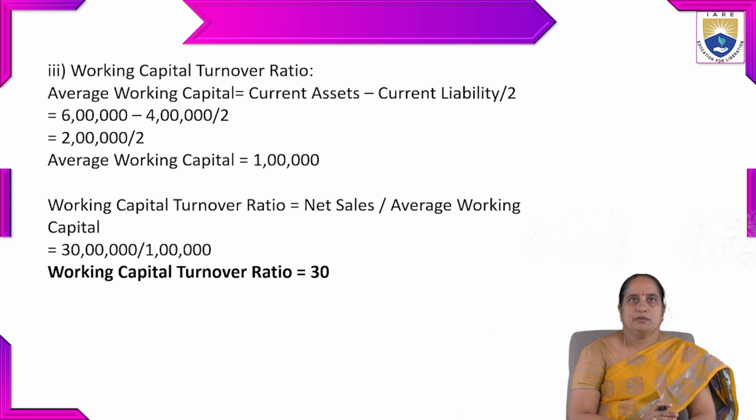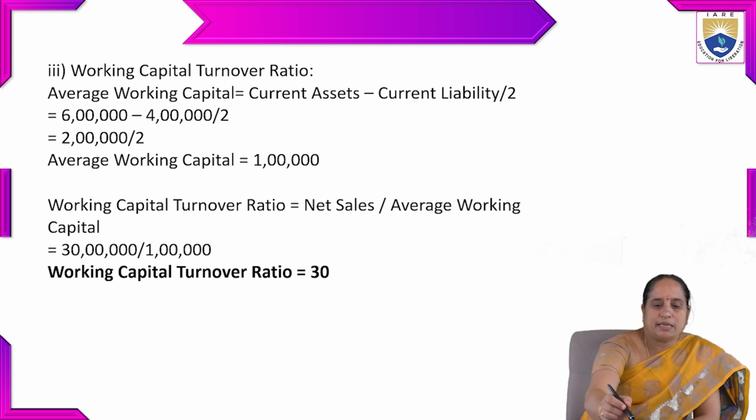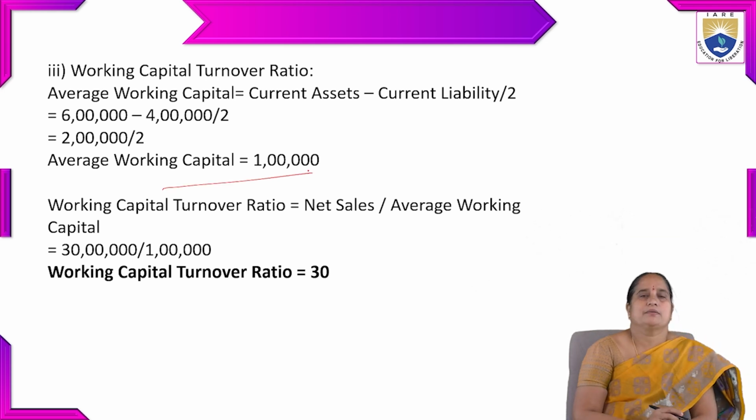Average working capital is equal to current assets minus current liability divided by 2. So current assets given in the problem 6 lakhs minus 4 lakhs divided by 2. So 2 lakhs divided by 2. Therefore our average working capital is 1 lakh.